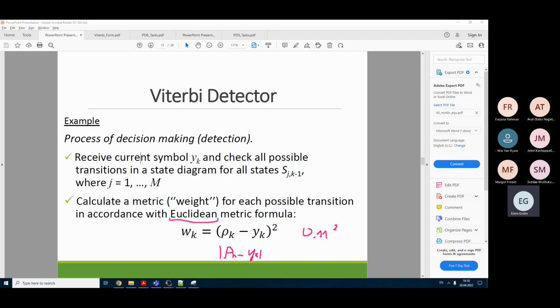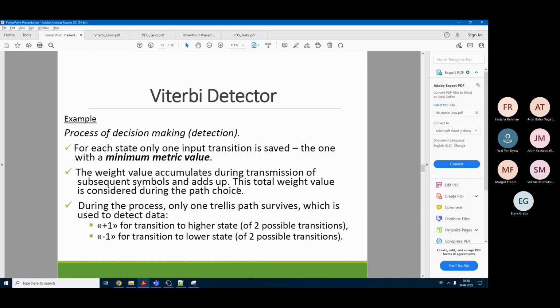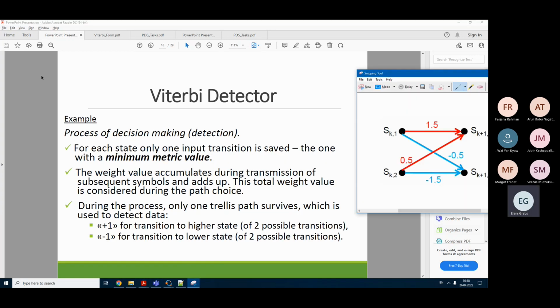We calculate this metric for all possible transitions in this Trellis diagram. Then, considering that we are going to calculate for each of these states two metrics, metric 1, metric 2, metric 3, and metric 4, which are called weights, in this particular case we are going to choose only the smaller one of these two.